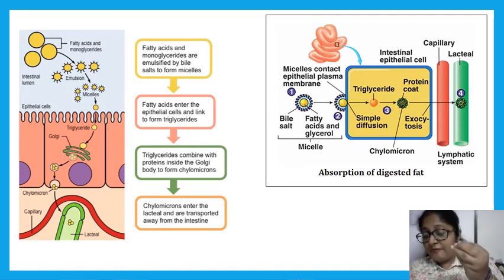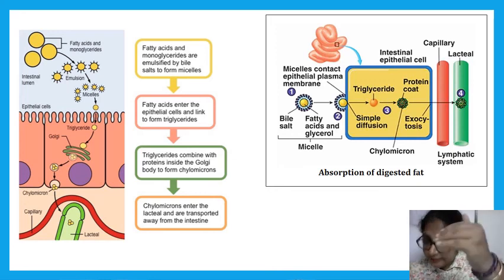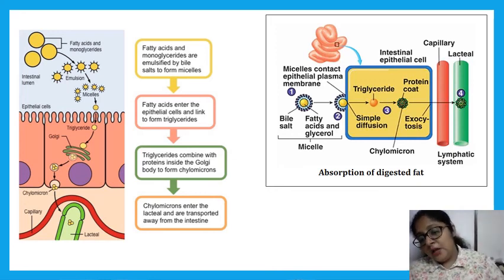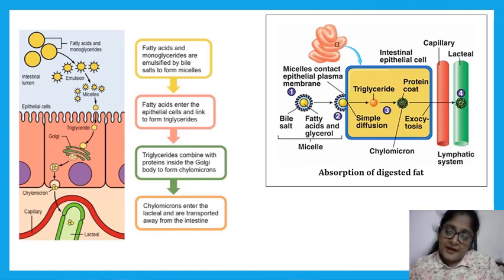As I've told, these large slit pores help the chylomicron pass into the lymph through the lacteals, rather than the blood vessels. From the lymphatic system, I'm just repeating it again, they move back to the systemic circulation and to the parts where the body or the organs require fat.